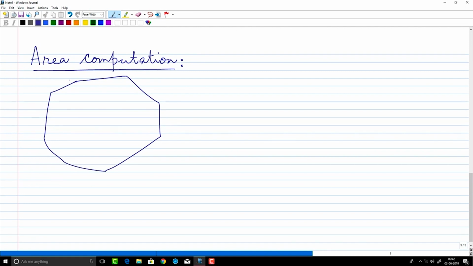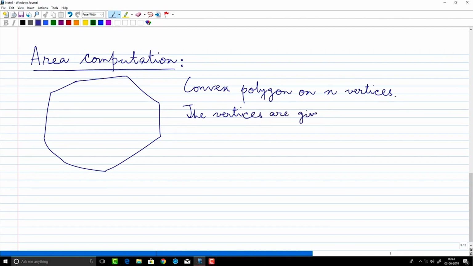So this is say a convex polygon on n vertices. And the vertices are given say in a clockwise order.